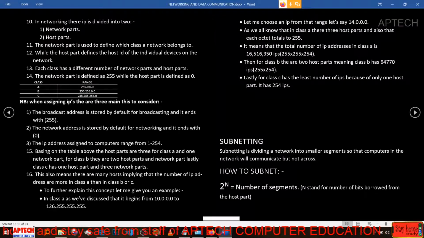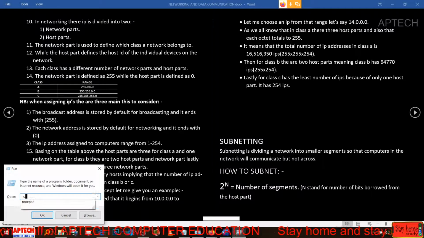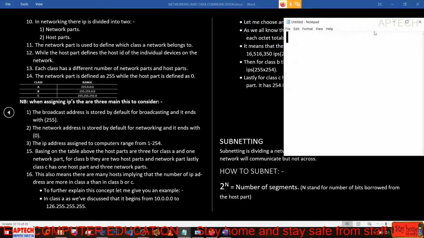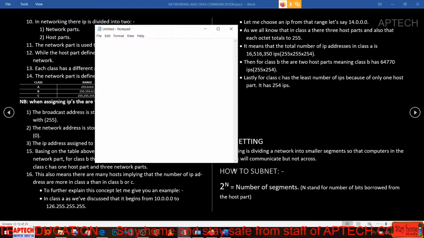The next thing is what they call the subnet mask. A computer doesn't know that this is, let's say, 192.168.20.10. Let me put it in notepad here. Can you see this?